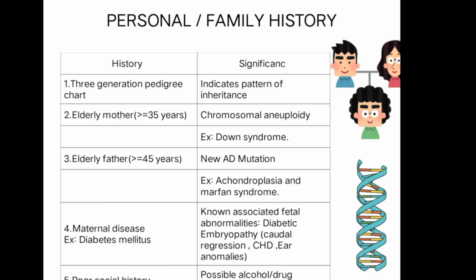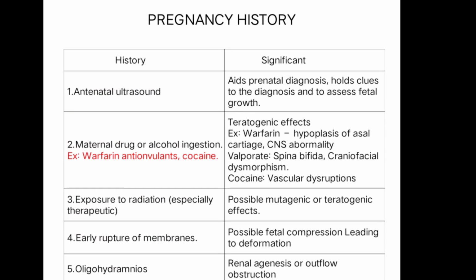Next we will ask about the pregnancy history. We do the antenatal ultrasound, which helps to diagnose or assess the fetal growth. Next is maternal drug or alcohol ingestion. If a mother consumes any drug or alcohol during her pregnancy, there is a chance of teratogenic effects on the baby.